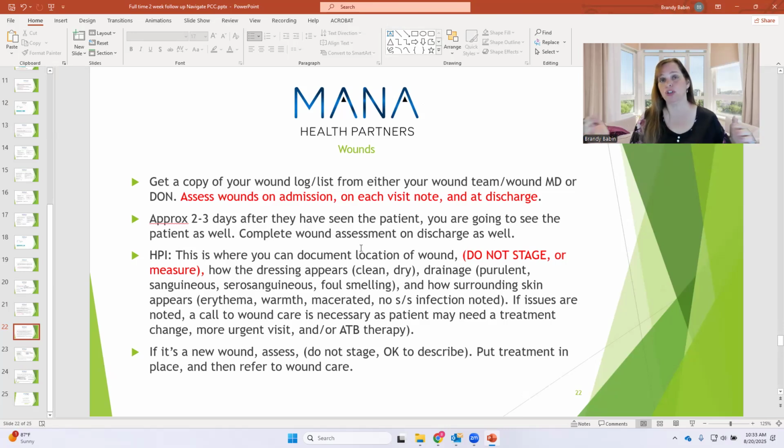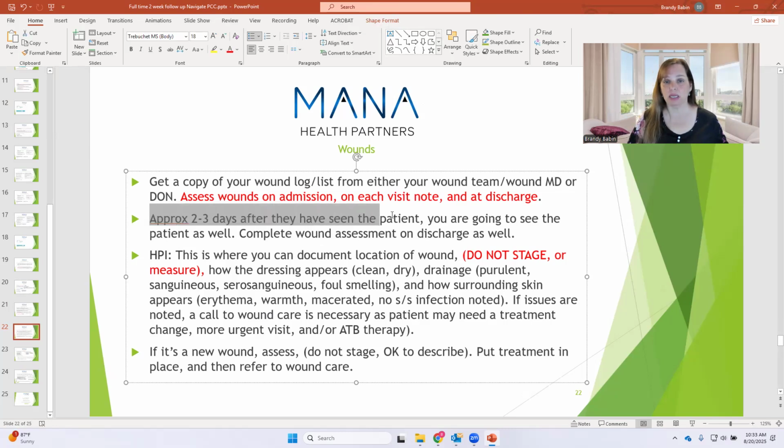Protein calorie malnutrition, weight loss, infection, everything really affects this wound. So when you have the wound team come in, and let's say they come in on a Monday and they do wound rounds, approximately 2 to 3 days, maybe 4 days after they come in, you are going to go in and assess the wound as well.